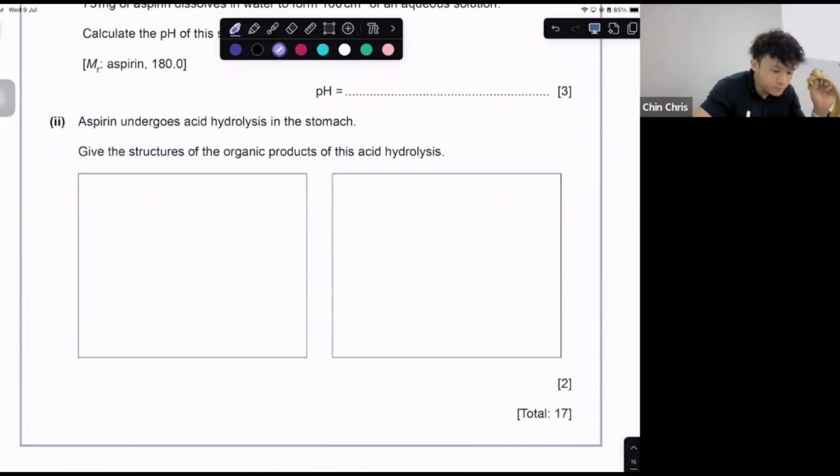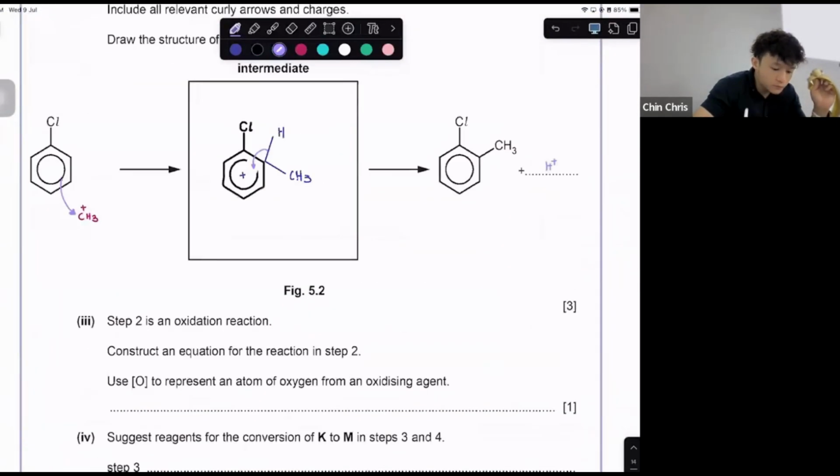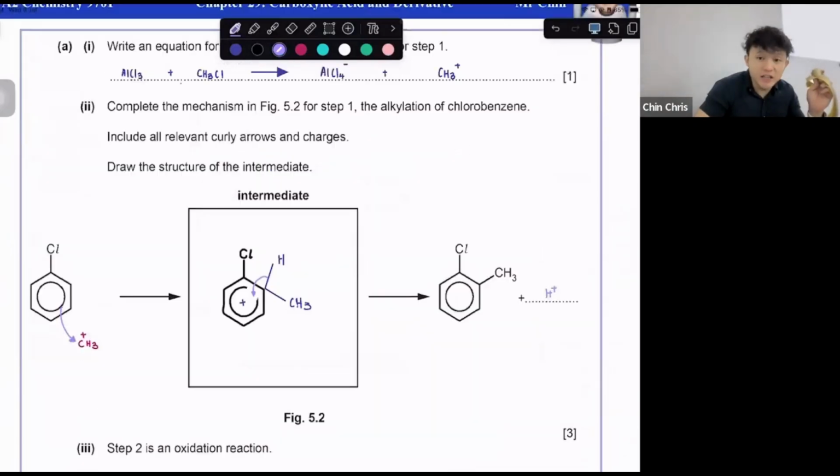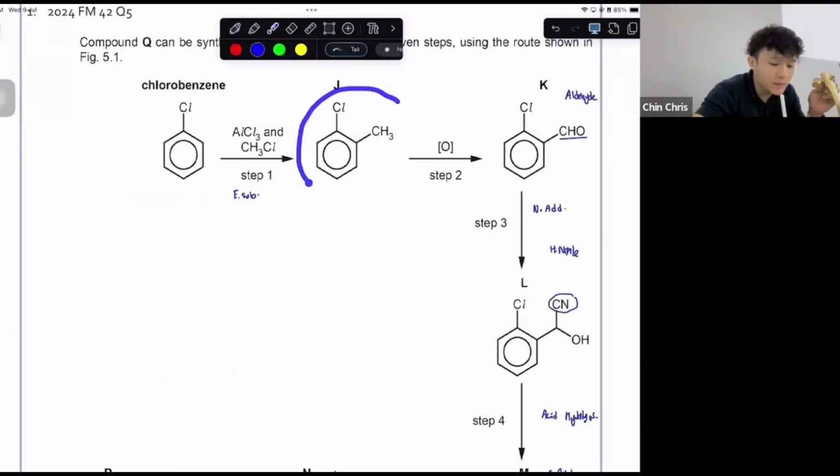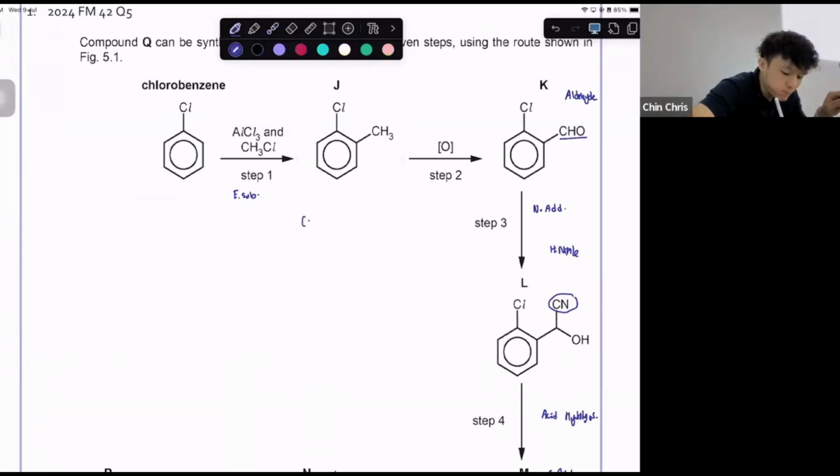Alright, guys, let's continue. Okay, step 2 is an oxidation reaction, right? So, guys, they want you to write down an equation. Please tell me what is the molecular formula here? C6, 1, 2, 3, 4, 5, 6. How many H? 1, 2, 3, 4. C6H4, Cl, CH3. Is that right?